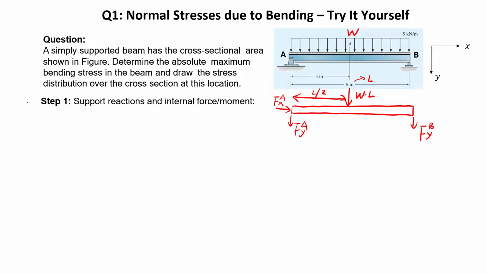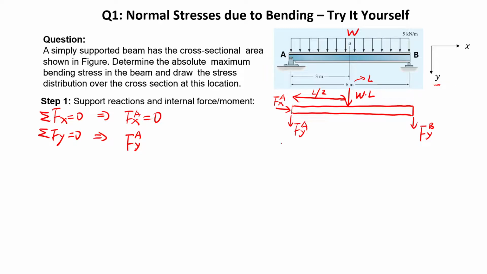So using the force balance, first of all, all the forces in the x direction will give us Fxa equal to 0, and all the forces in the y direction equal to 0. We have a coordinate going downwards, so all these forces I define are meant to give a positive value.